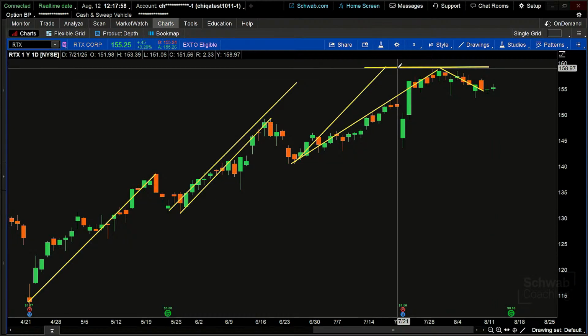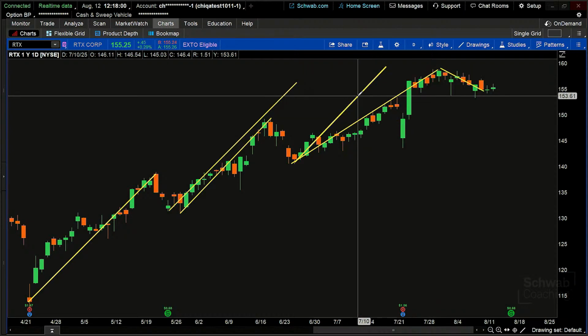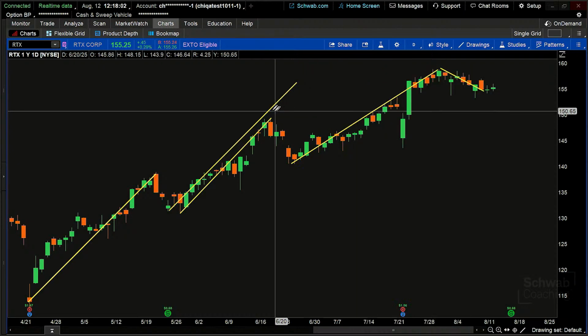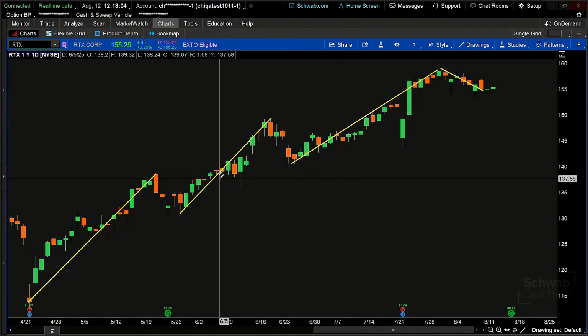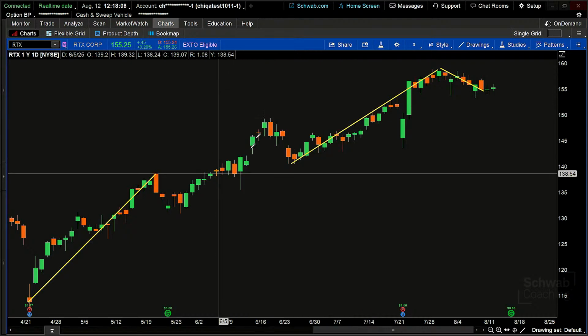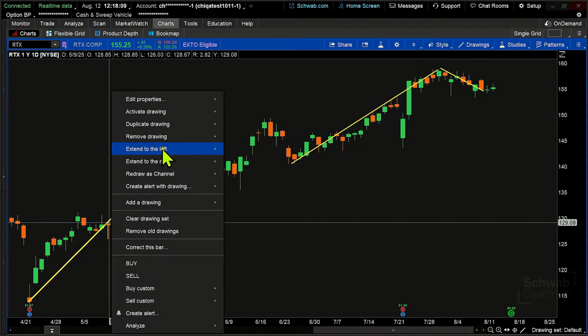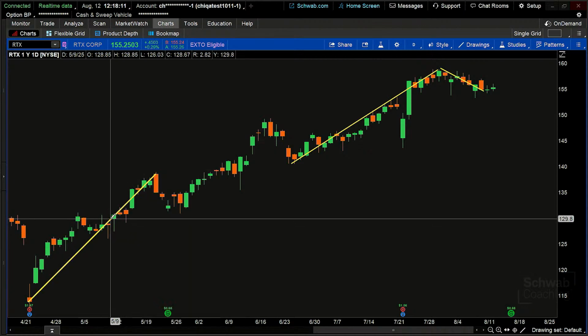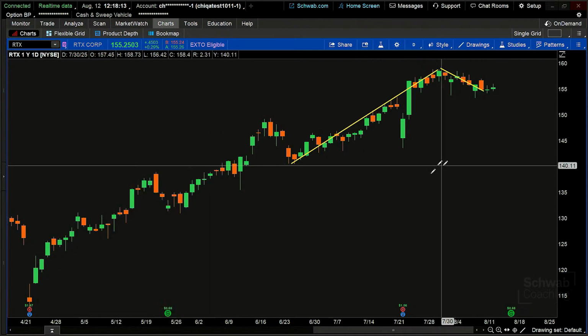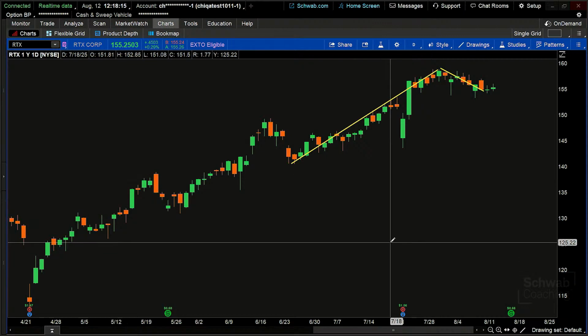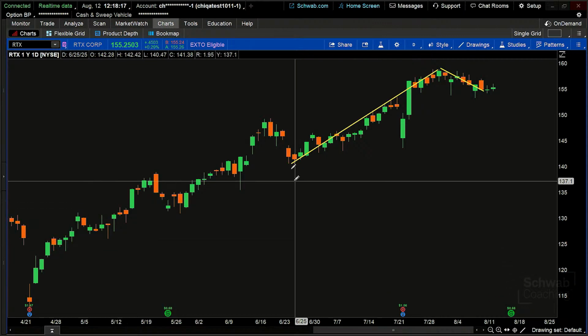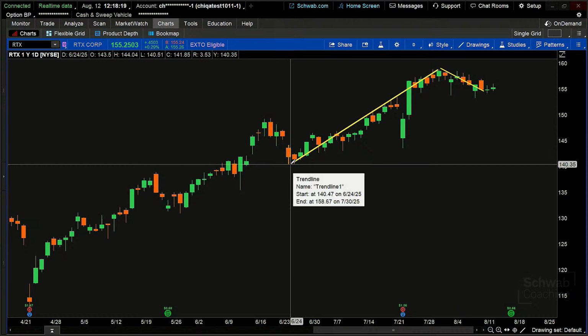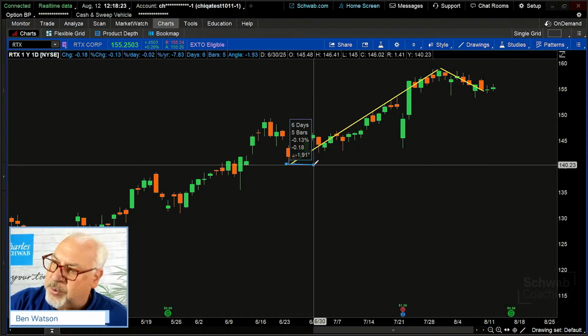So now let's remove some of these drawings, and let's use this next level as we're starting to see this pattern happening. Let's see if we can measure where this pattern might move to. So if that's our low that created the flagpole. Now, to be fair, we could draw the flagpole to that low right there.